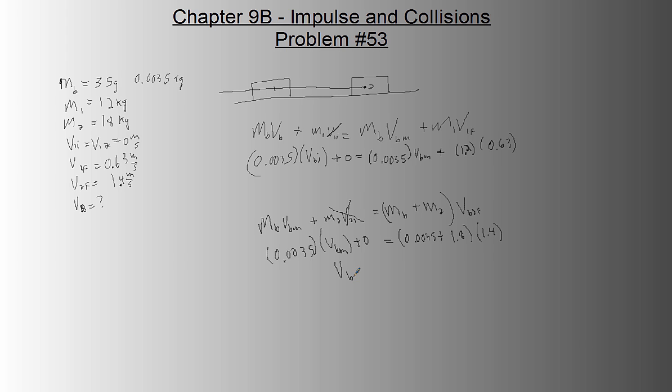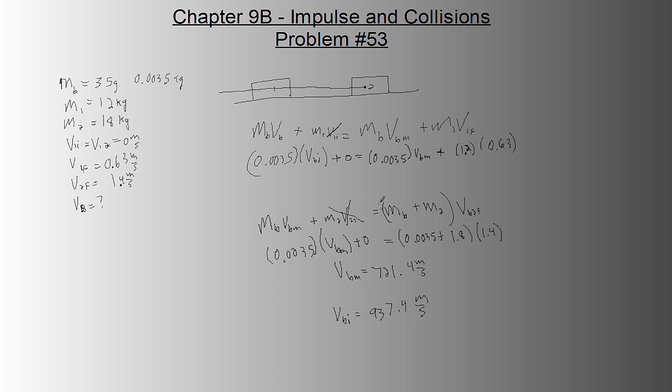The speed of the bullet in the middle happens to be 721.4 meters per second. You just solve all this for VBM. Take that VBM of 721, stick it up in here, solve for VBI, and you should get VBI equals 937.4 meters per second. It's some basic algebra that I won't need to do out for you.